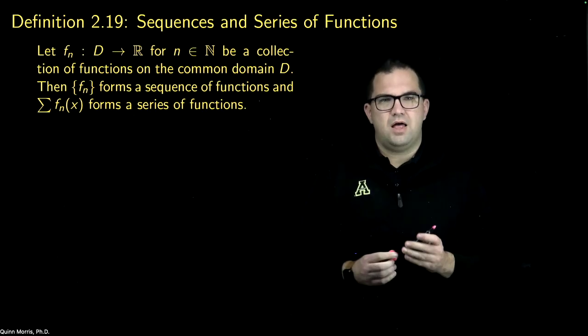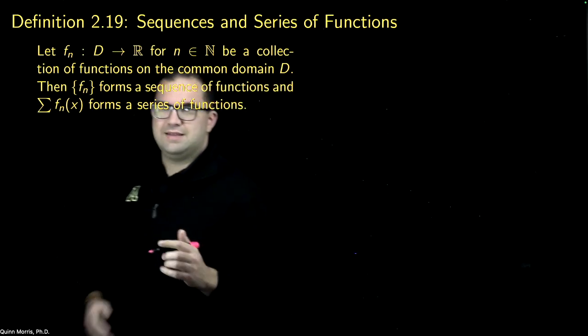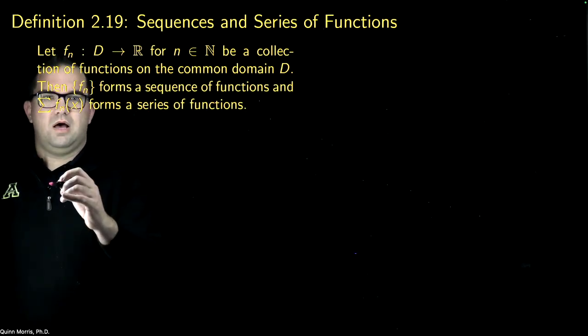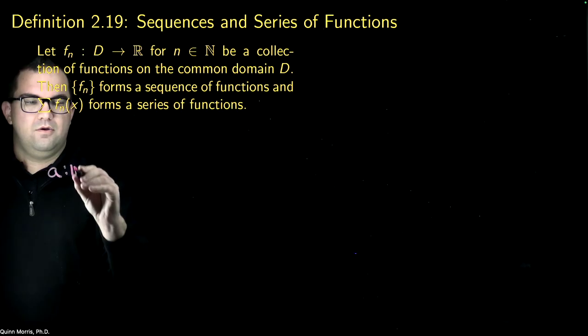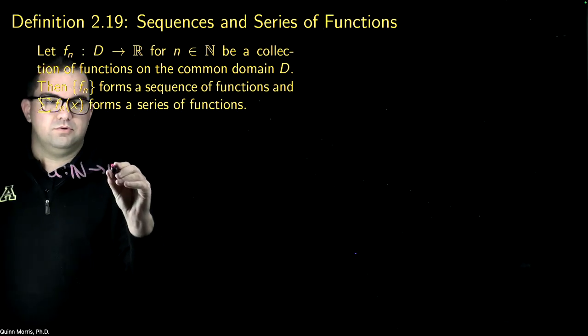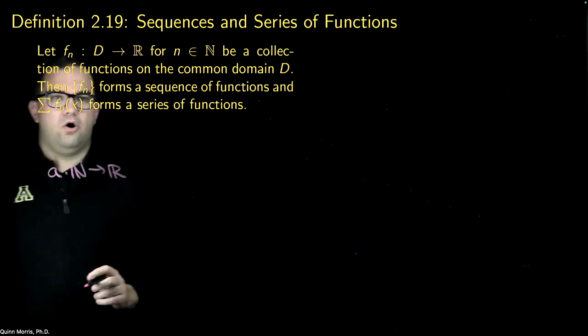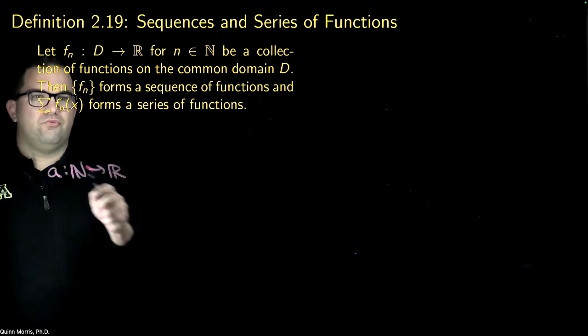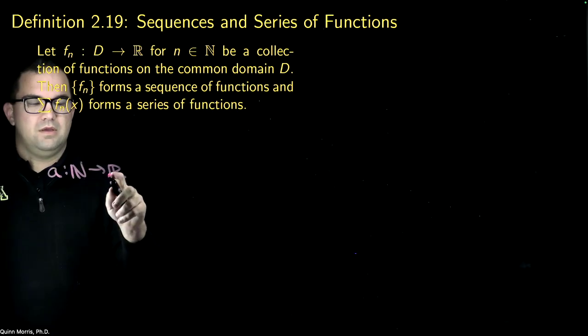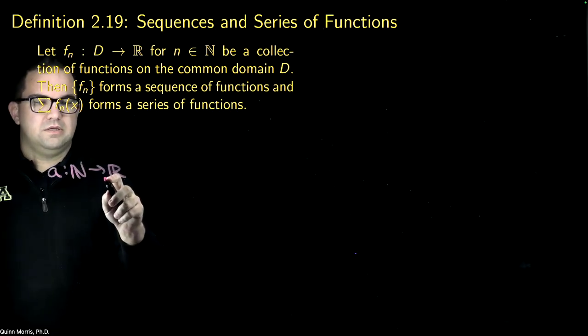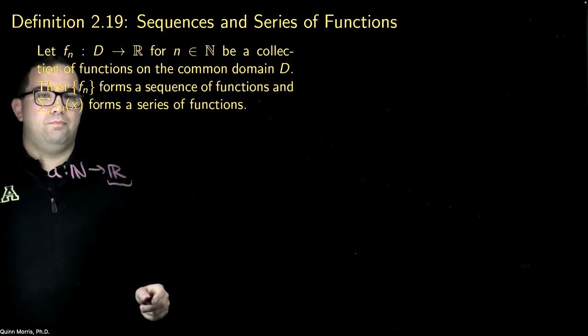So you may see that in a lot of ways this is virtually identical to our definition for a sequence of real numbers. There we defined a sequence of real numbers as a function A, which maps from the natural numbers into R. Now, it's slightly harder to write the definition of a sequence of functions in this way, in part because it's not clear what our output set should be.